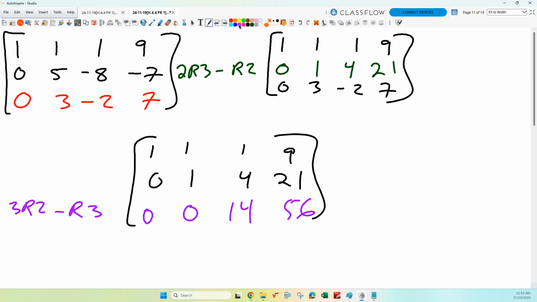Right, what would my next row operation be? Multiply by 1/14 in the bottom row. And doesn't that just give me, I'm going to do this fast, it gives me 0, 0, 1, 4? Yeah. Okay, good. All right, we'll get back to this tomorrow.